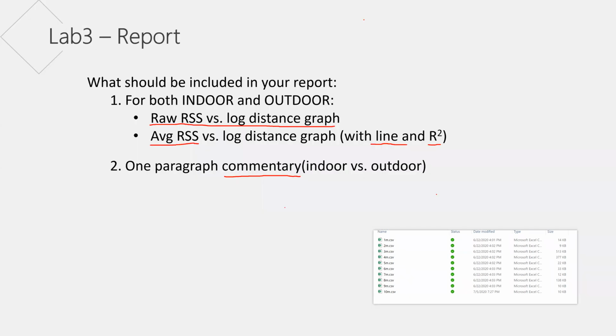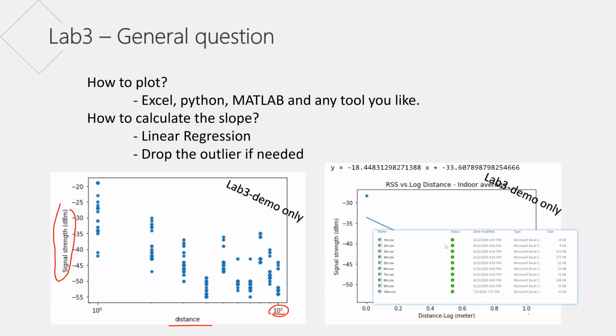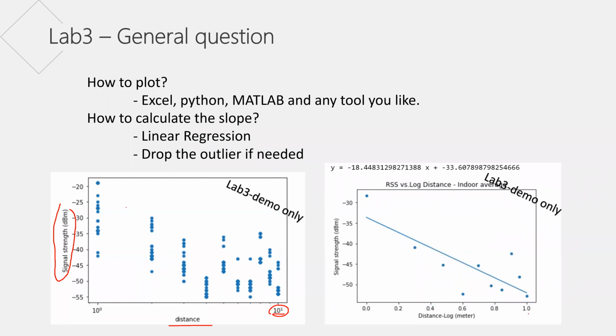Let's go to this part so you can have a clear look at it. After we get the CSV data, we are able to plot them with Excel or Python or whatever tools you want. The first plot will be like this. You can see there are lots of scatter on the graph.